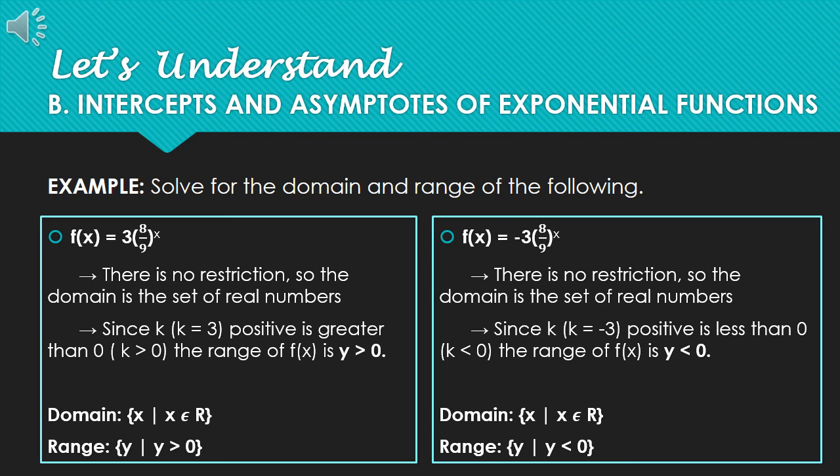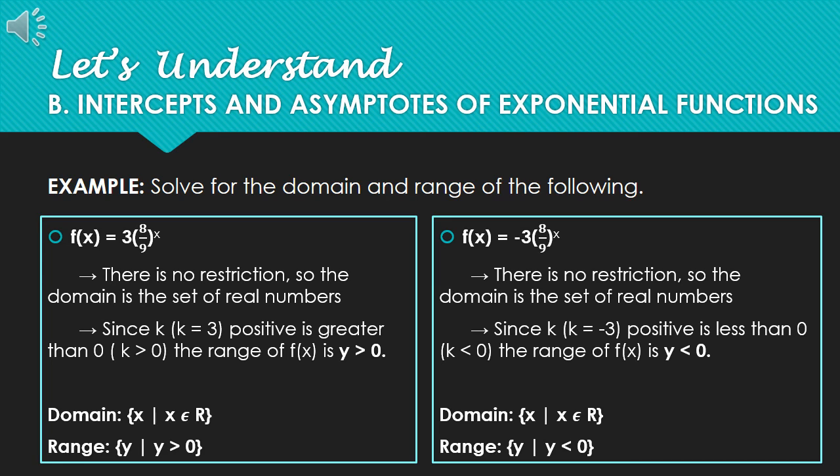So our domain is the values of x such that x is an element of the real numbers. For the range, since our k is 3 and our c is 0, because there is no plus c, no value, our range is greater than 0. So the range is the values of y, wherein y is greater than 0.